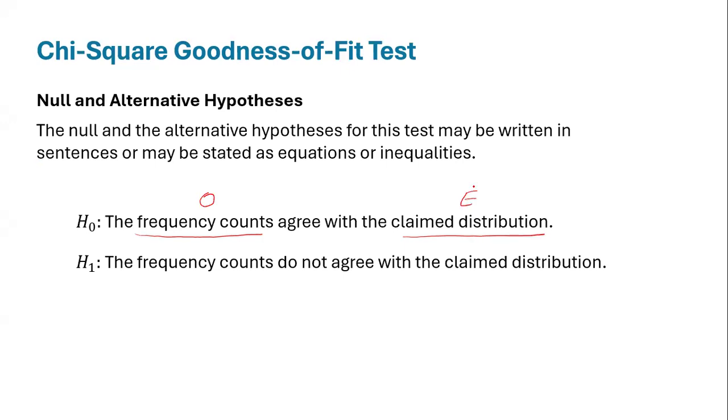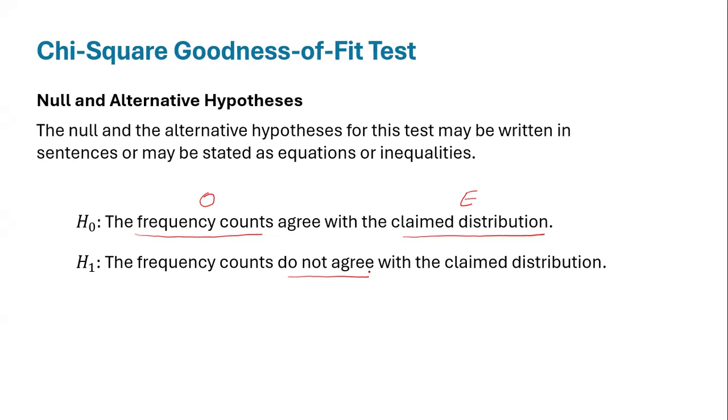And we always set the equality for the null hypothesis. If it agrees or fits, it goes in the null hypothesis. And in the alternative, we say they do not agree. If we say that the observed frequency fits the expected frequency, for the alternative, we say the observed frequency does not fit the expected frequency.